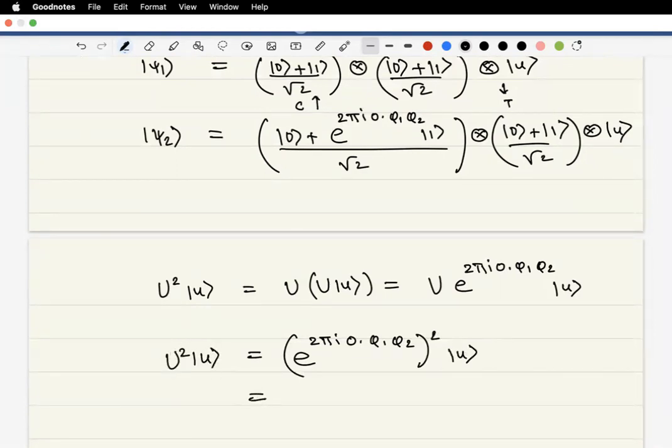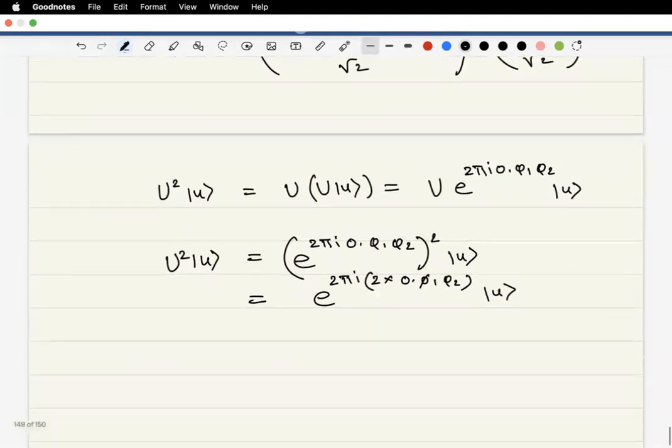Right? This is going to be e to the 2 pi i, 2 multiplied by 0.phi1phi2, u.